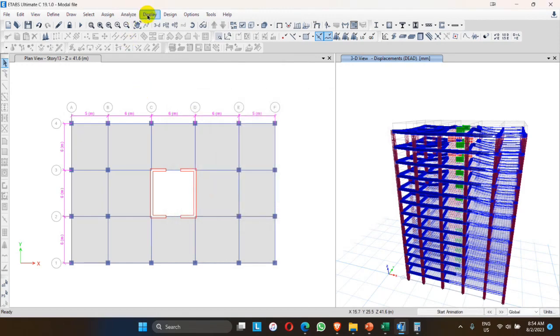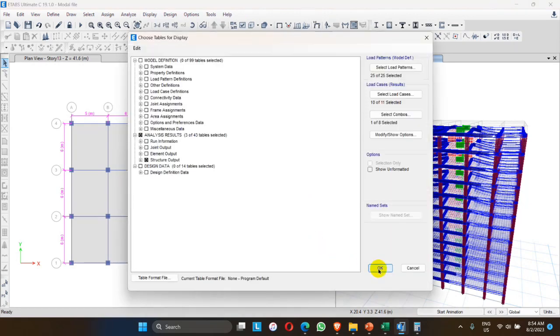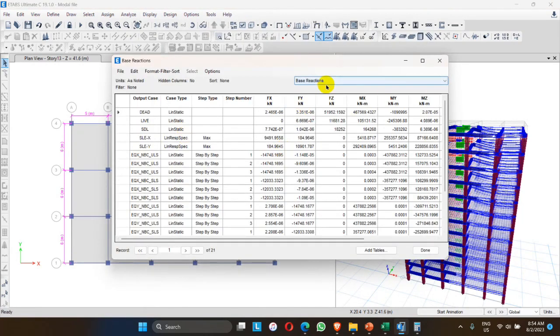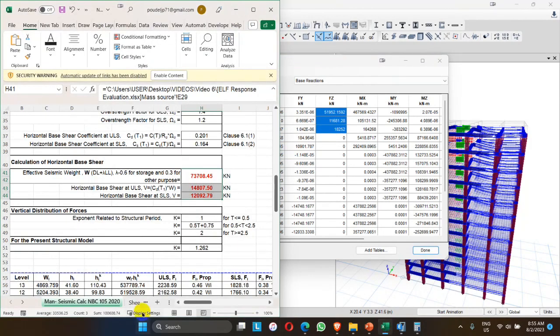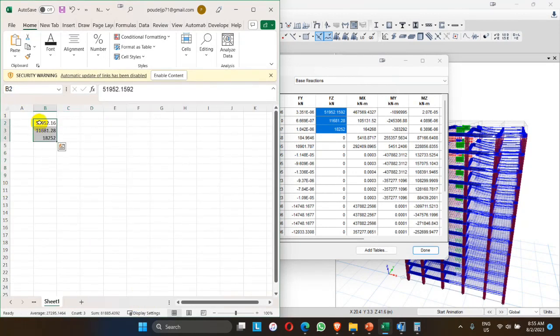So again, let me go to the tables. Let me check here. The dead load plus live load plus STL is these values. I copy these values here somewhere. Then dead load plus 0.3 live load equals to the first one and the last one, which are the dead load plus 0.3 into live load.